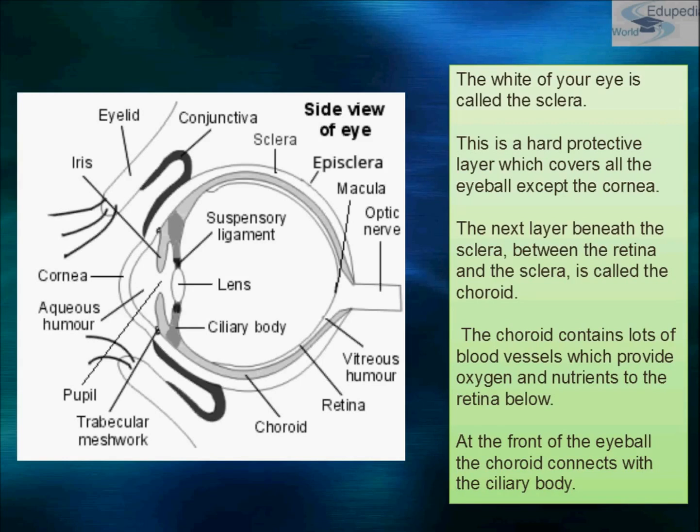It is enclosed in a thin elastic membrane, which we call the lens capsule. The lens can change its convexity and thereby brings about accommodation of the eye. Okay, so this was all about sclera, choroid and ciliary body.